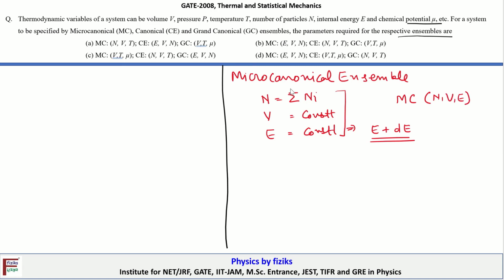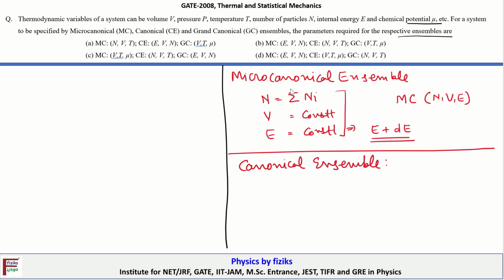Now coming to the canonical ensemble formulation. In the canonical ensemble, the two parameters, N, the total number of particles, and V, are in principle kept constant.